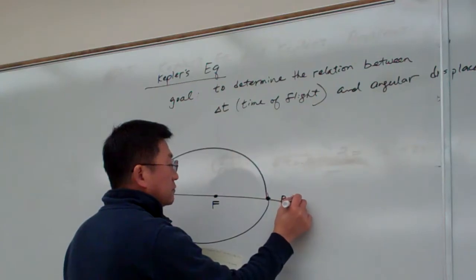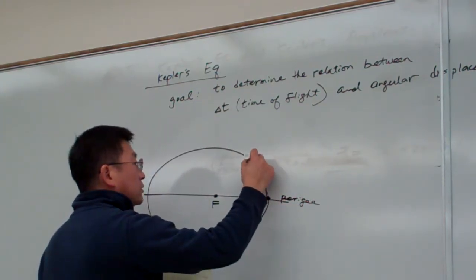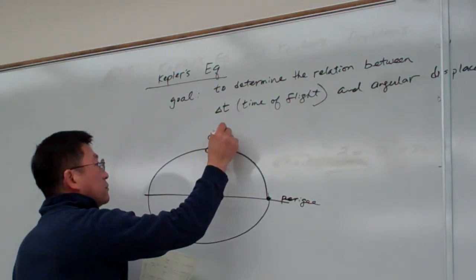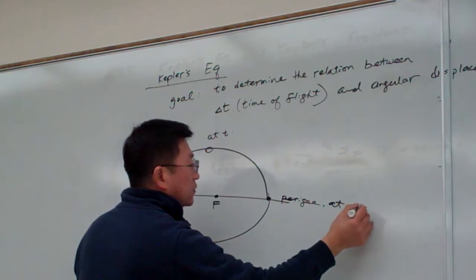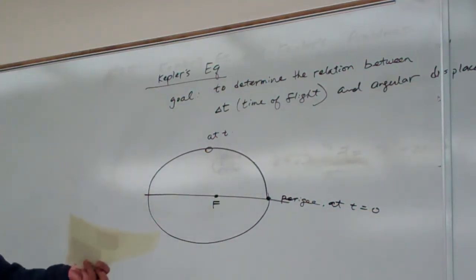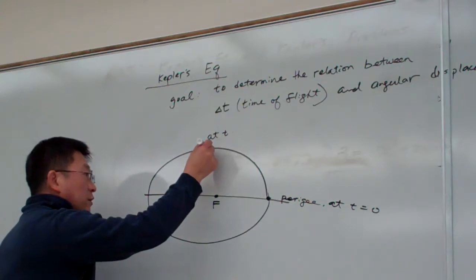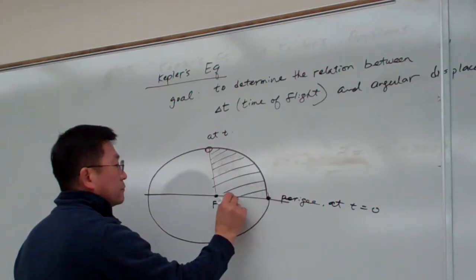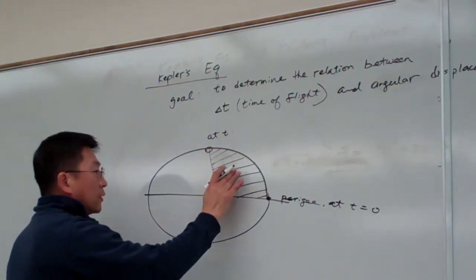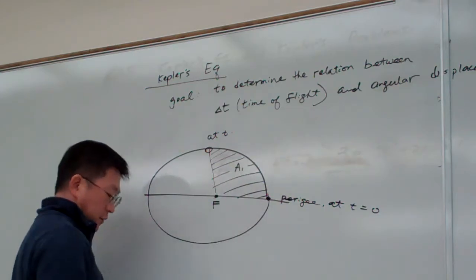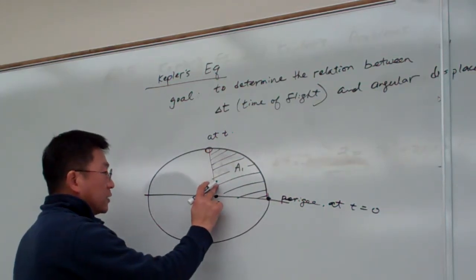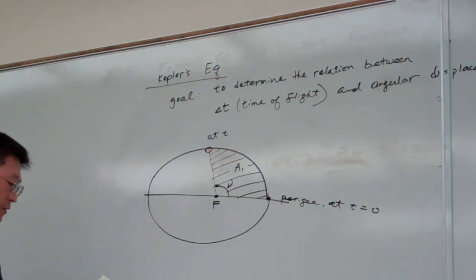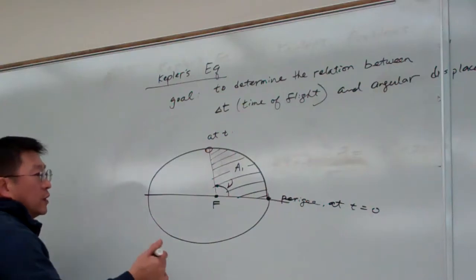This is perigee, and this is at time t, and at time t equal to 0, which we simply take as our reference starting from 0. Here this is the swept area, and let me call this area A1, and this is the true anomaly nu.